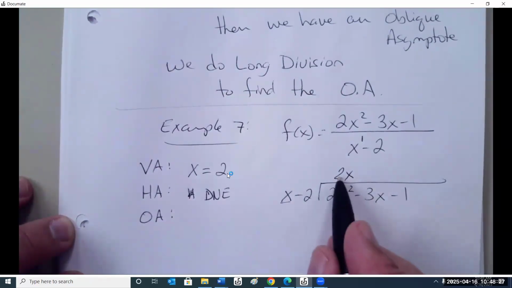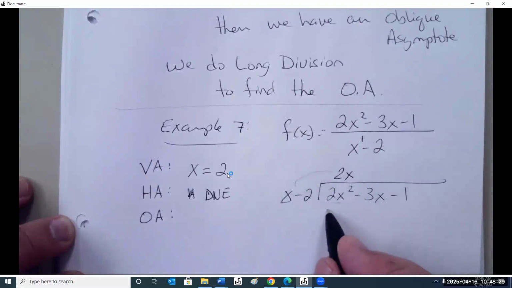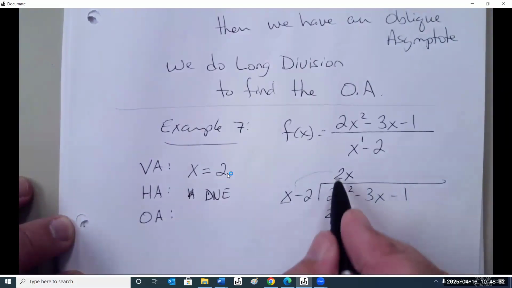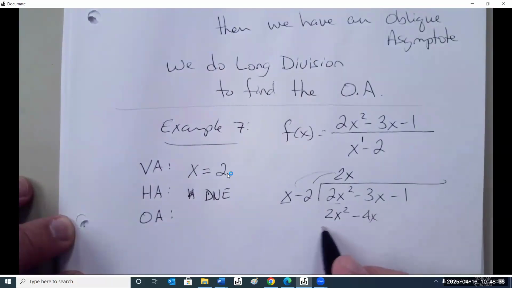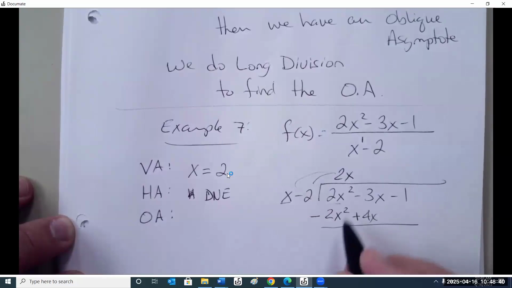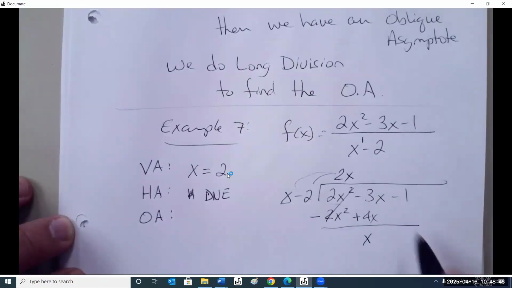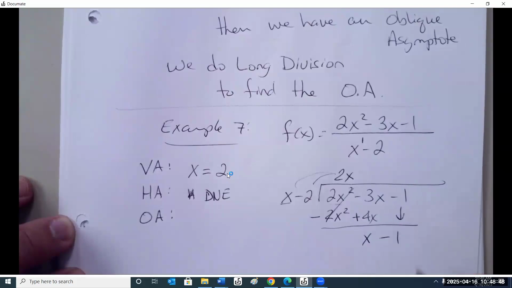Because we have to have x squared. So 2x times x gives me 2x squared. 2x times negative 2 gives me negative 4x. Change the signs and add. So 4 minus 3 is 1, so it's x minus 1.